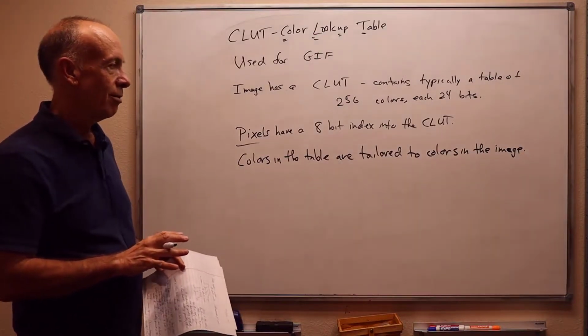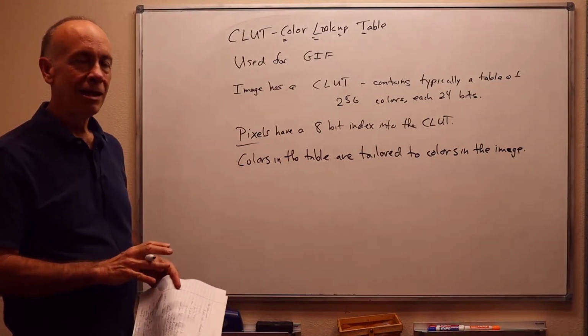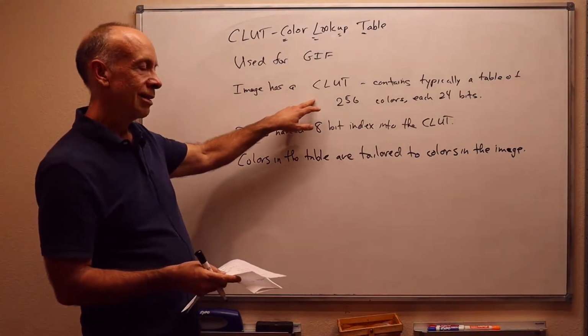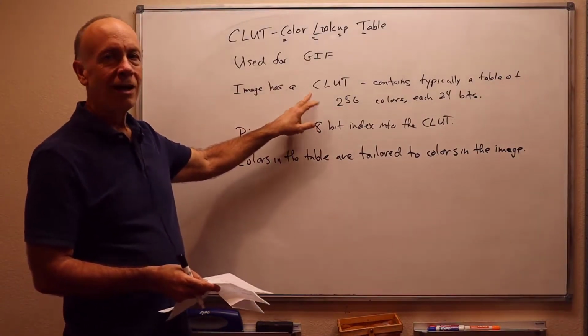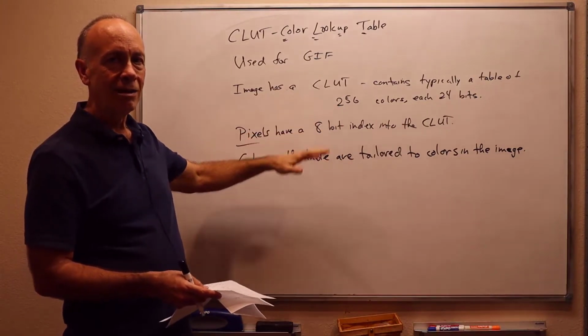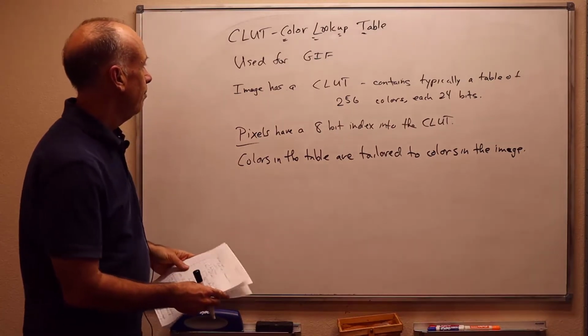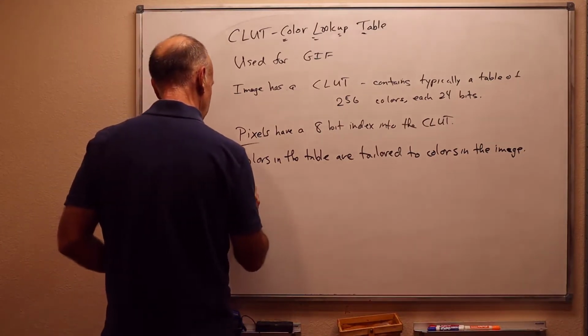And so in this way, we can still get acceptable color appearance in the image, even with only 256 distinct colors. This would not have been possible so easily in the 8-bit color that I described on the previous board. So the big advantage here is this saves space.